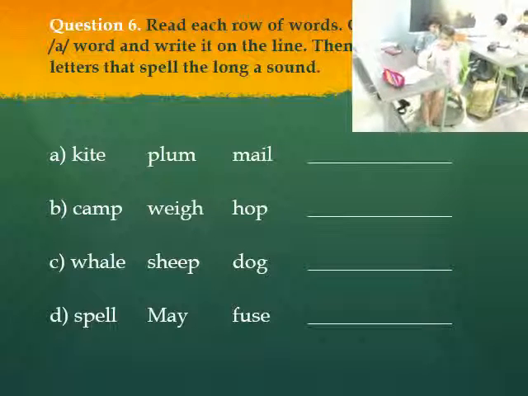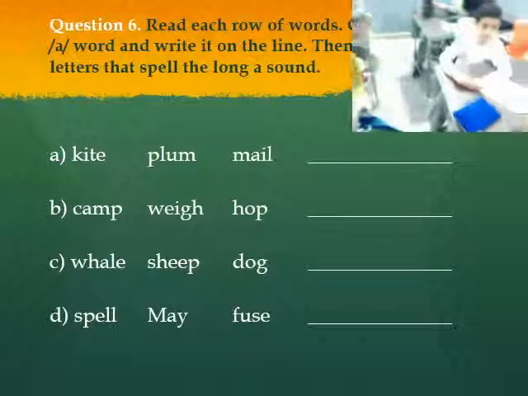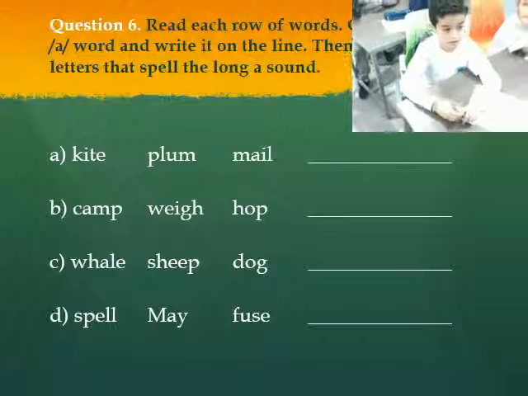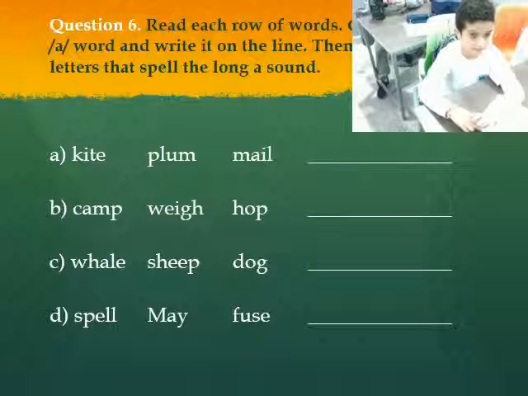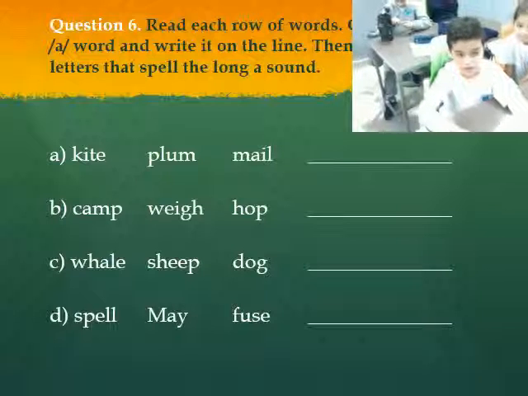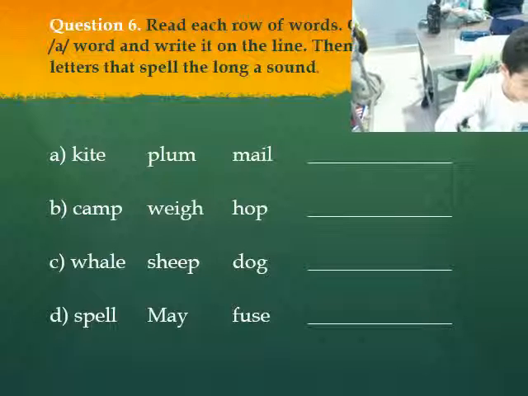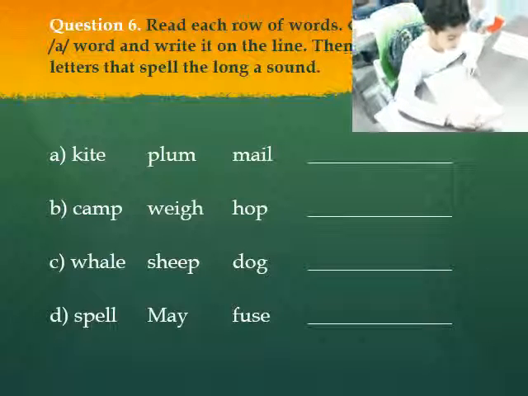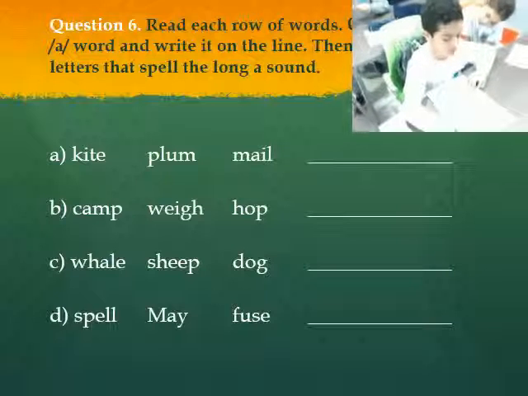Okay. So we're going to start with A. Danny, read the first row of words. Kite. Kite. Can you see from the board? Okay. Open it here and read them. Kite. And what's the next word?